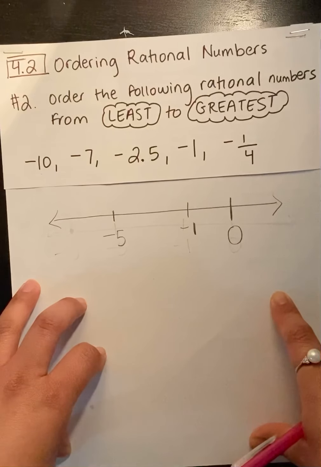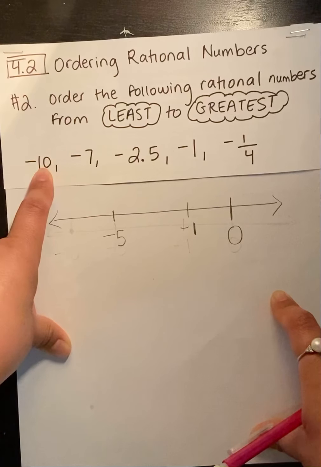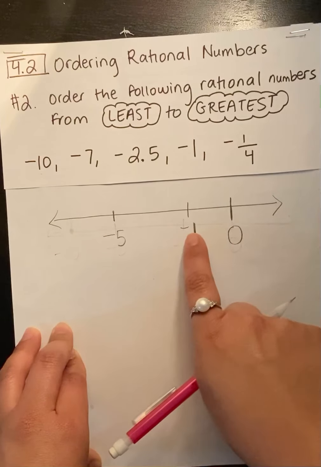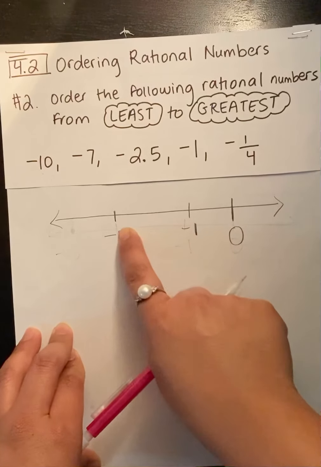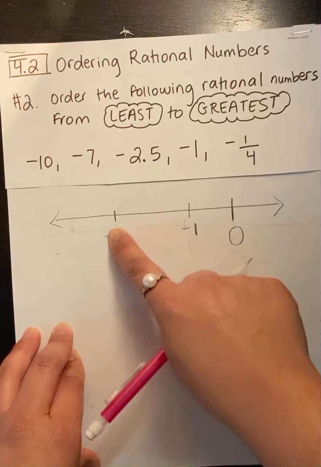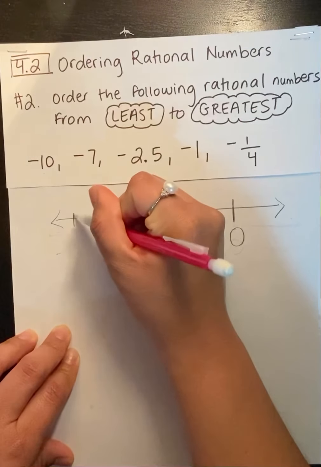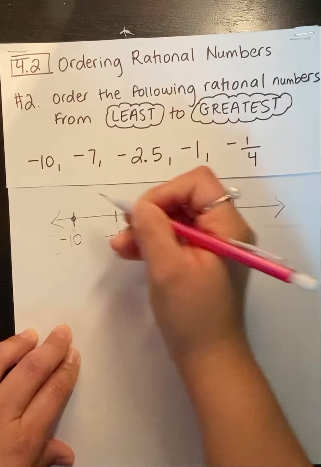And my first number in my list is -10. If I start at 0, I know that -10 is further to the left than -1. If I continue, I know it's going to be further to the left than -5. It will be around here. So I am going to write -10 and plot it.